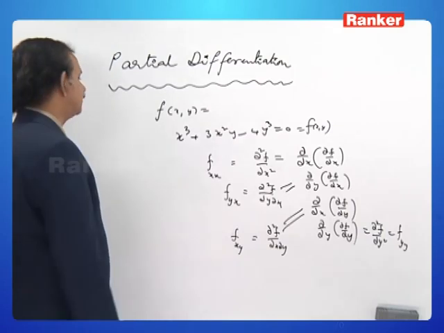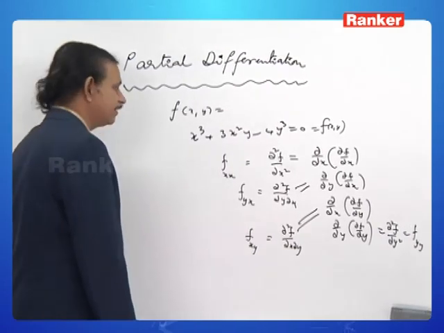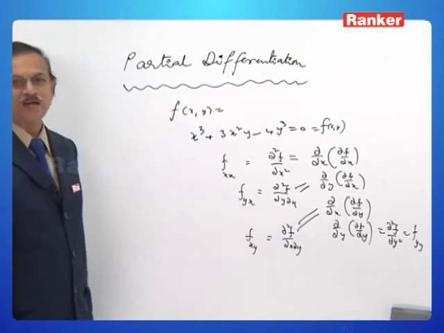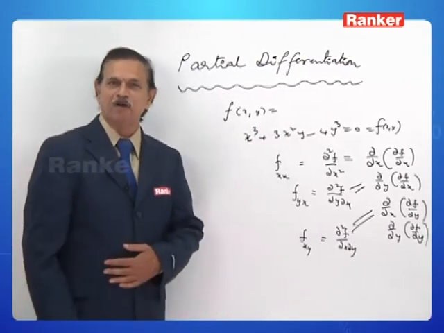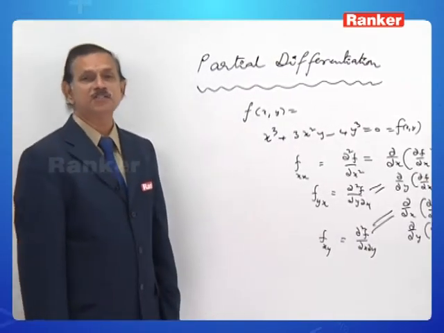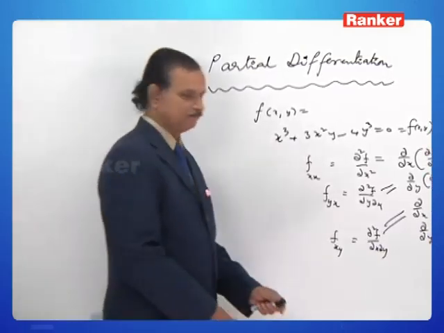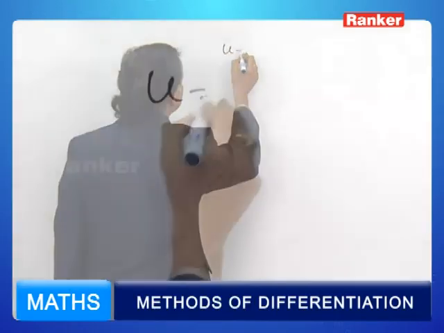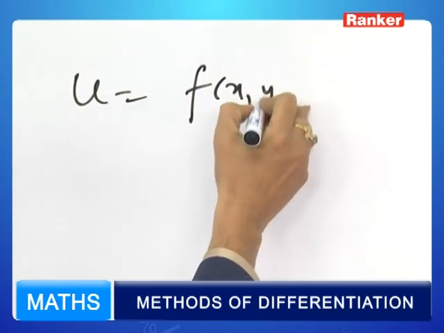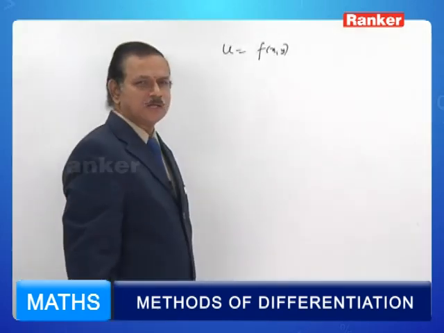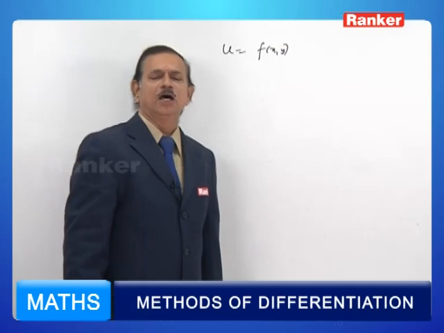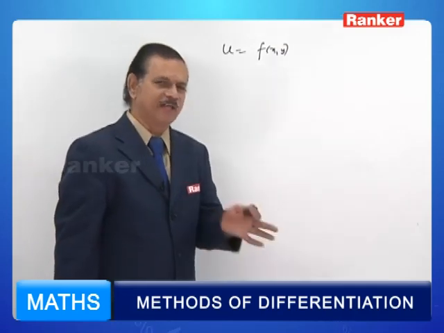The main concept here in the case of partial derivatives is there is a standard and beautiful formula or theorem called Euler's theorem. What is that Euler's theorem? u is equal to f of xy. Frankly speaking, Euler's theorem can be extended to a function of any number of variables.